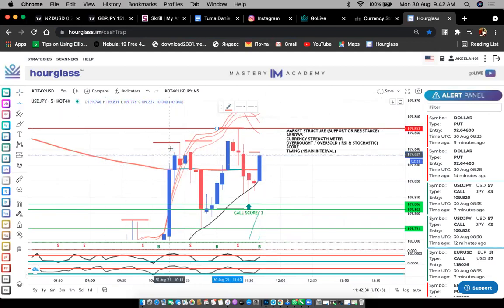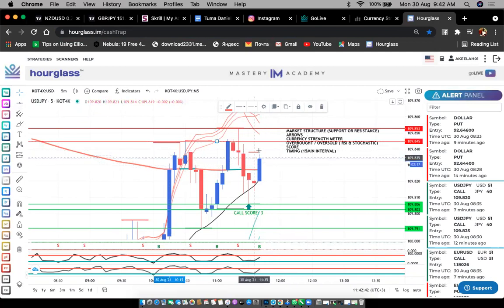Or where else can I take it? There is another red here. So is it this place, or this place? At 45 minutes, you take the trade for a sell at that region. Does that make sense? This is a 5-minute chart.